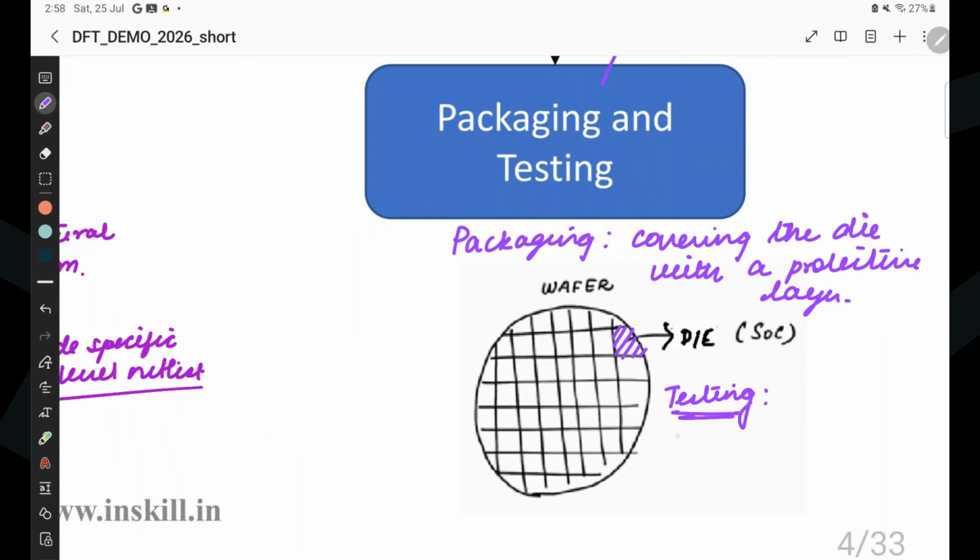That is to check whether there are any manufacturing defects or not.